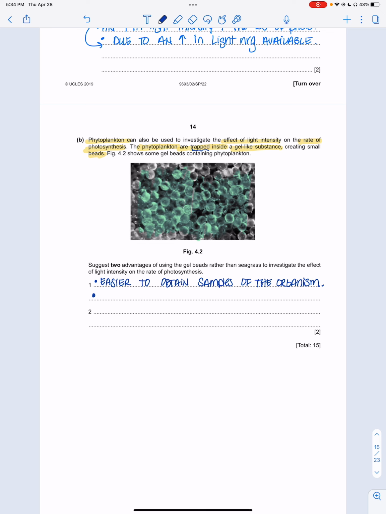With that, the amount inside of it is easier to control.